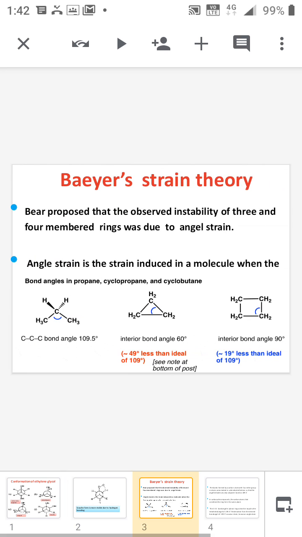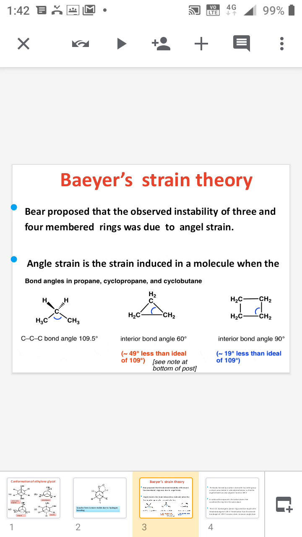Now we are moving into the next important topic, Baeyer strain theory. In cyclic compounds, for example cycloalkanes, we know that the simplest cycloalkane is cyclopropane, and the other cyclic compounds are cyclobutane, cyclopentane, cyclohexane, like that.